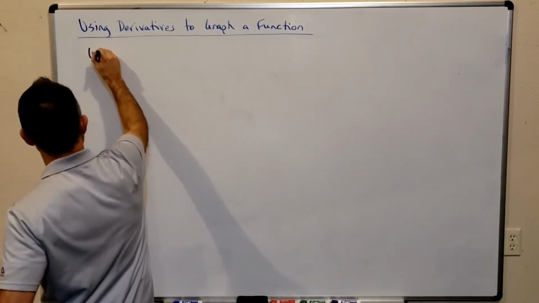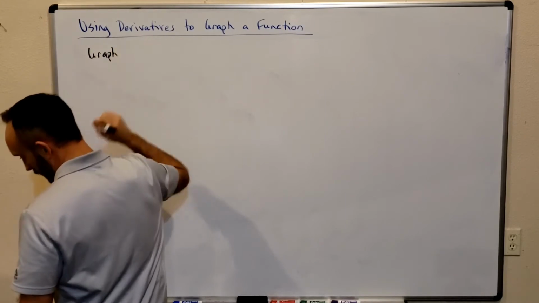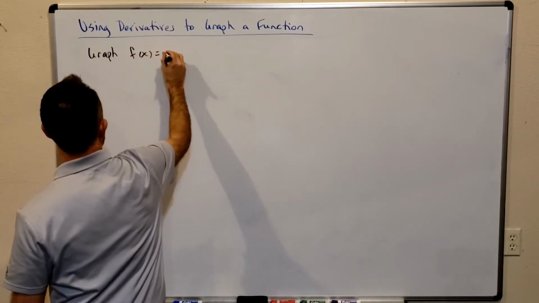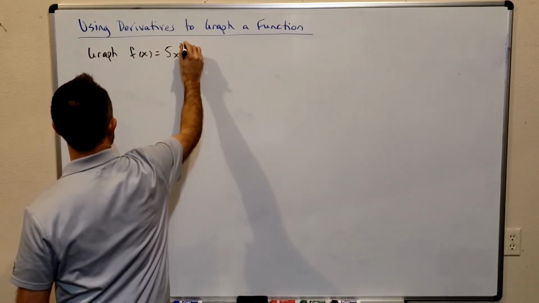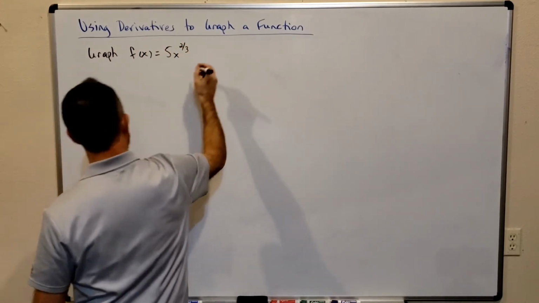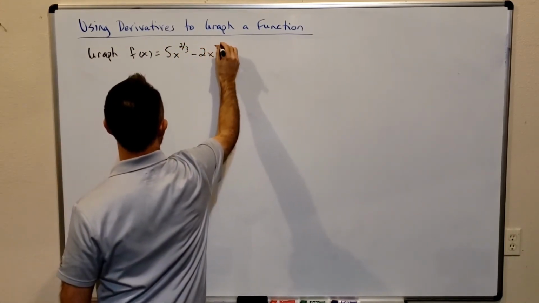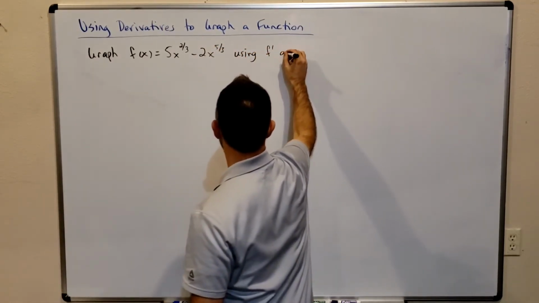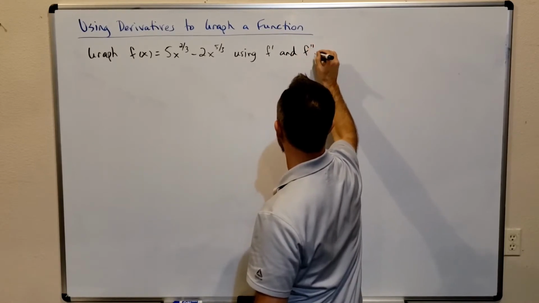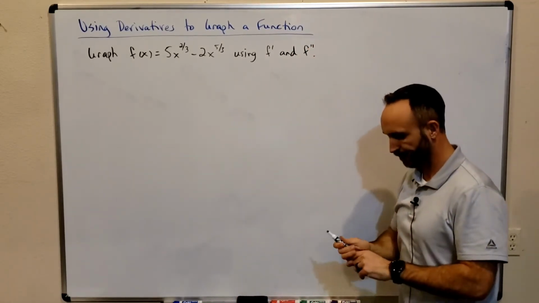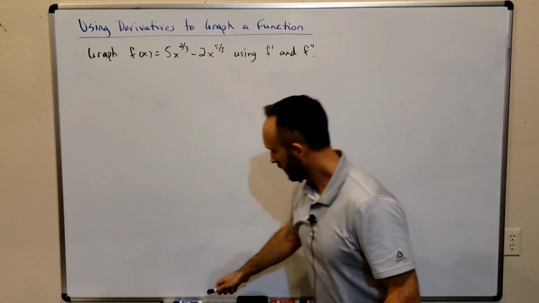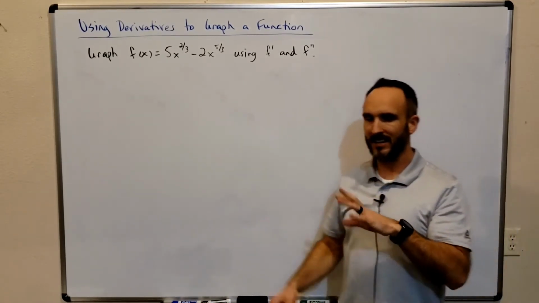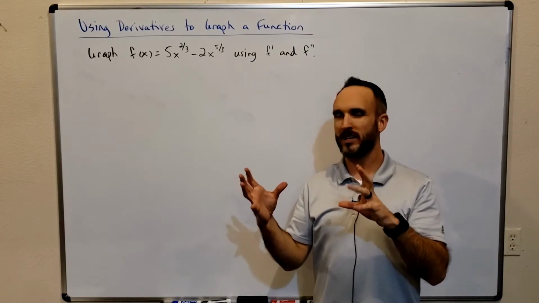All right, so let's do the same thing. Let's see, f of x equals 5x to the 2/3 minus 2x to the 5/3 using f prime and f double prime. Okay, again. So, all right, so the first thing we might want to do is that last polynomial, we didn't know how to factor that.